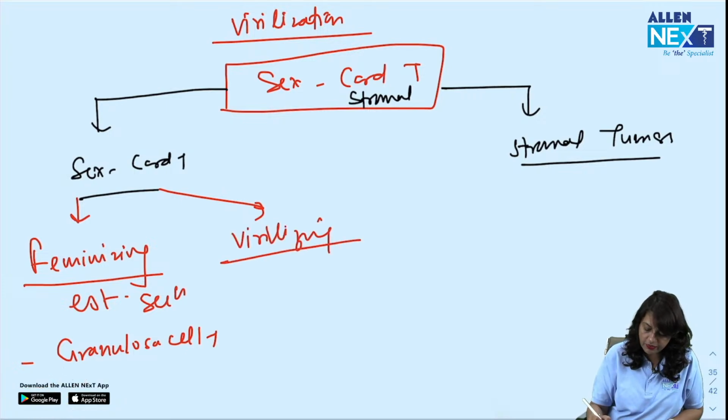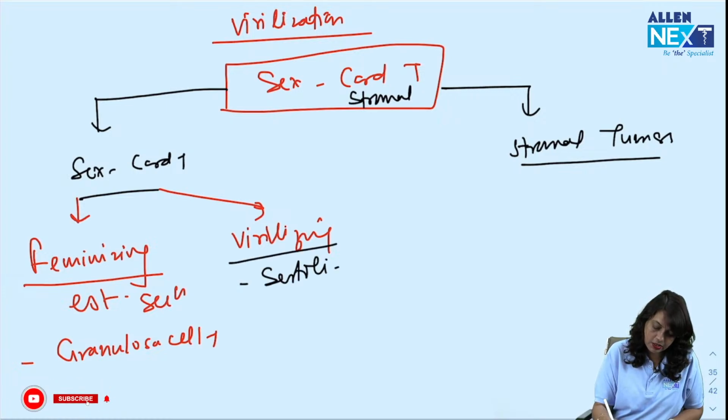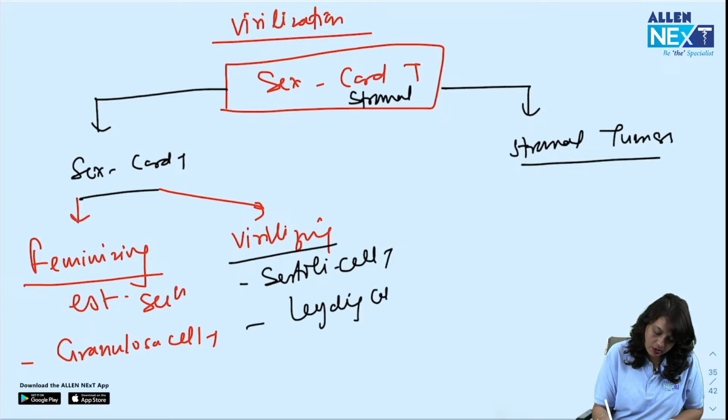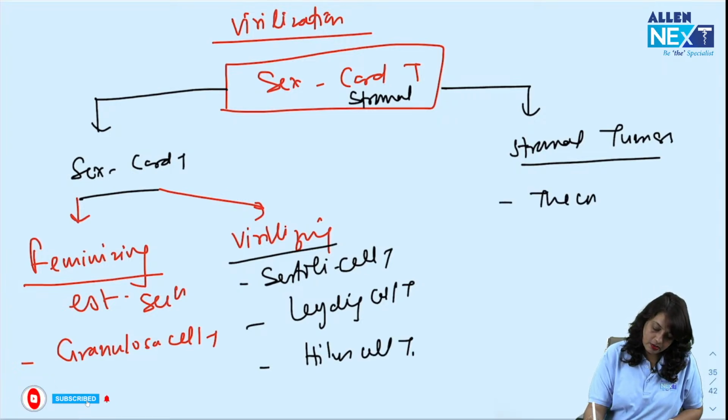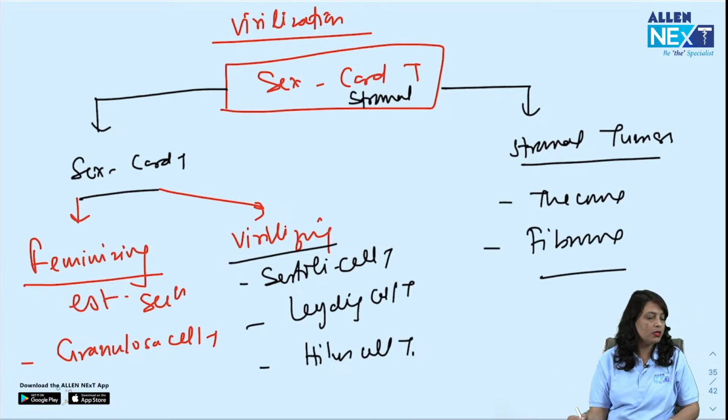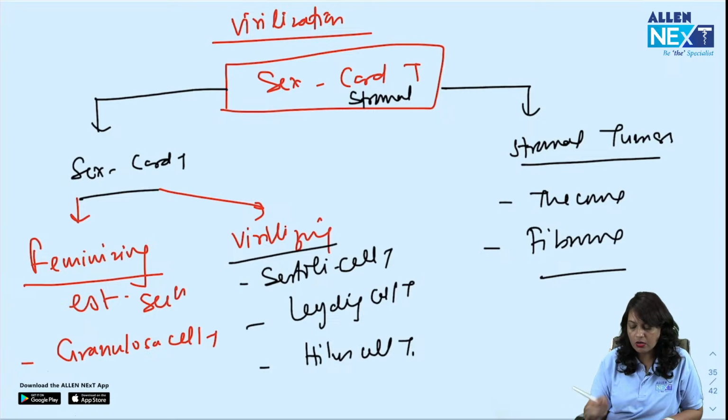In the virilizing variety, it is Sertoli cell tumor, Leydig cell tumor, or Hylas cell tumor. Stromal can be thecomas or fibromas.